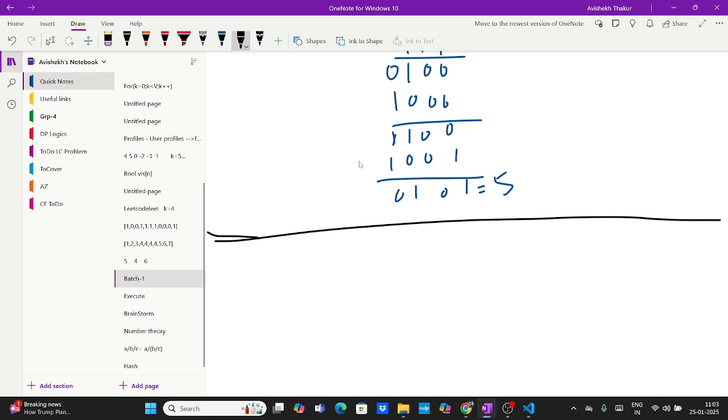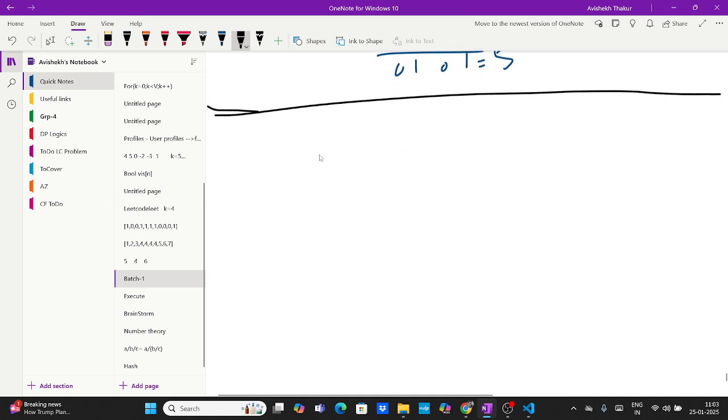So the next thing is, you are given an array. You have to find the XOR of all subarrays possible.